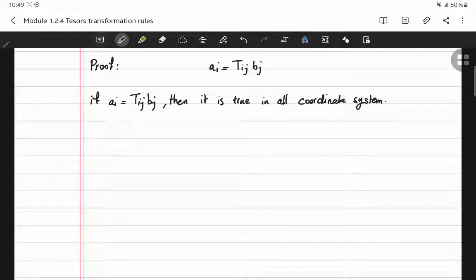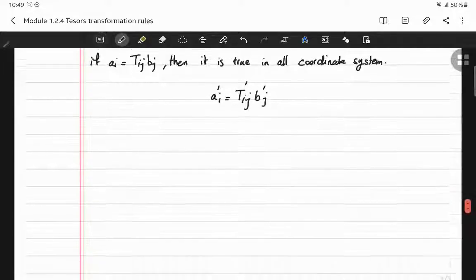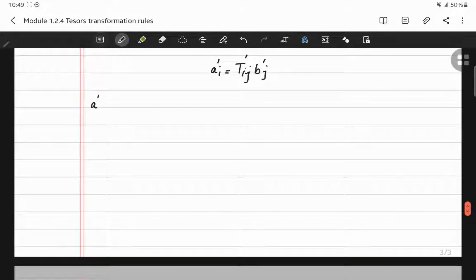And we actually proved this in the previous section, the multiplication. So we can write A prime i is equal to T prime ij B prime j. So I rewrite A prime i here. I call this, for example, star.